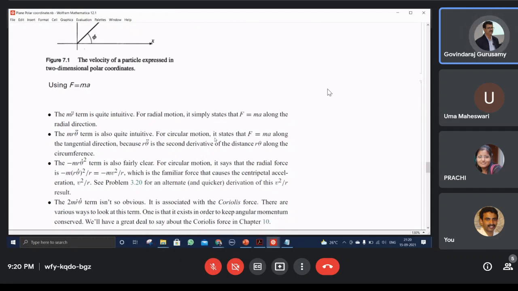For circular motion, it states that f is equal to ma along the tangential direction, because r theta double dot is the second derivative of this r theta along the circumference. You have a length along the circumference. Take a derivative twice with respect to theta. That is your r theta double dot. This is also equivalent to f is equal to ma.